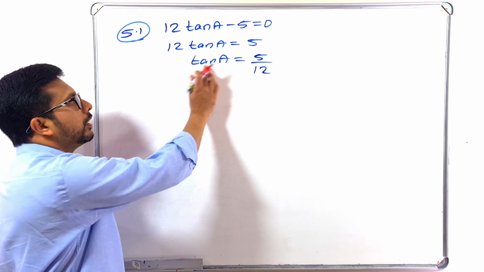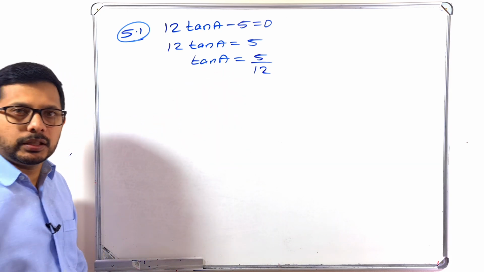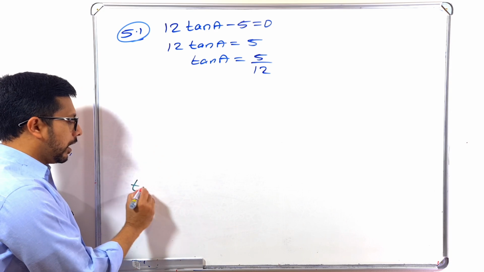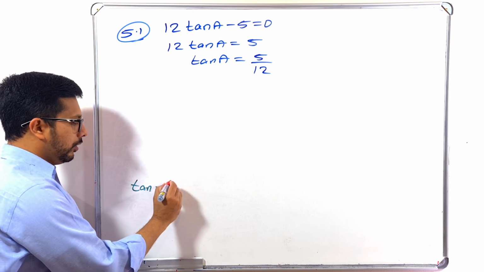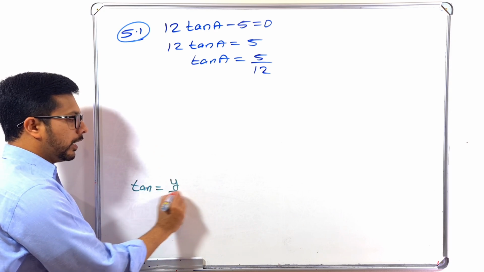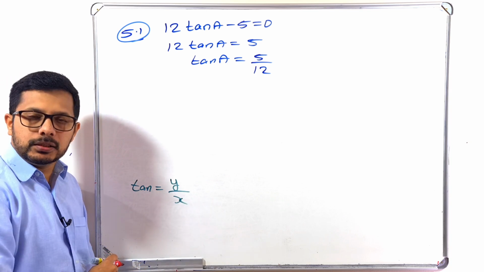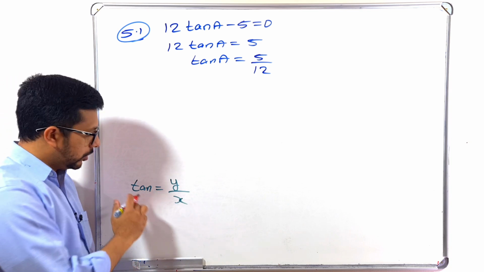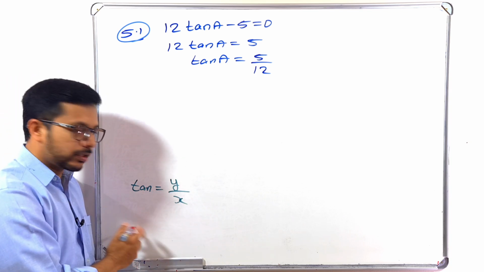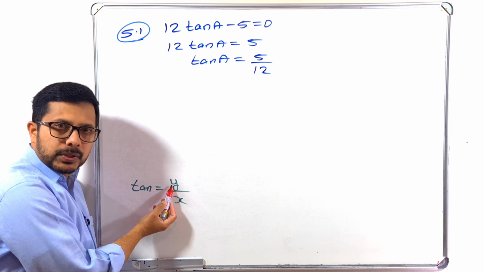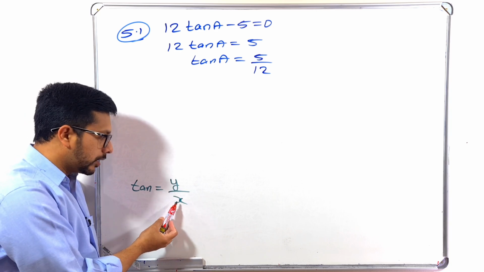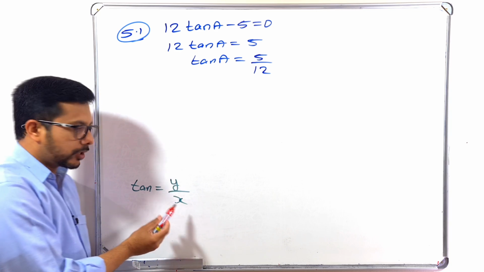So what is the definition of tan? The definition of tan is opposite side divided by adjacent side. Am I right? The definition of tan is y over x. We represent the opposite side with y, and the adjacent side we represent with x.